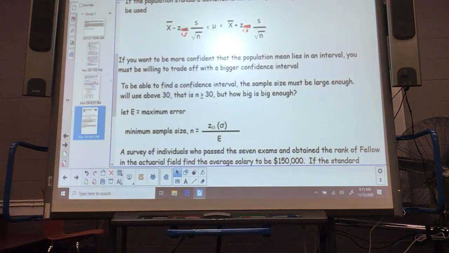Get a lot of theory behind this. When we get into problems, you'll see the difficulty level is not very high. If you remember x bar plus or minus z standard deviation divided by square root of n, you'll be able to do all these problems.